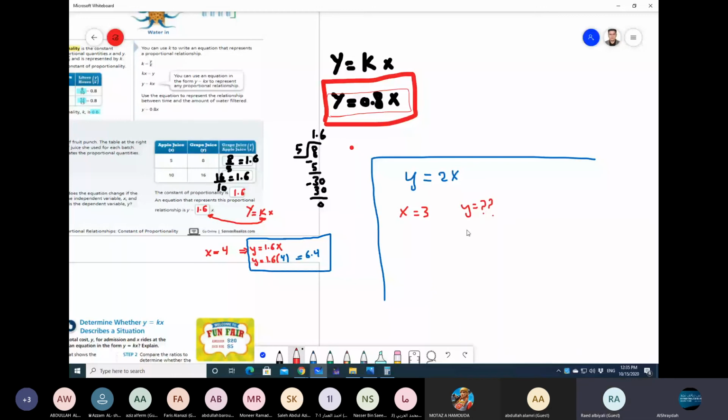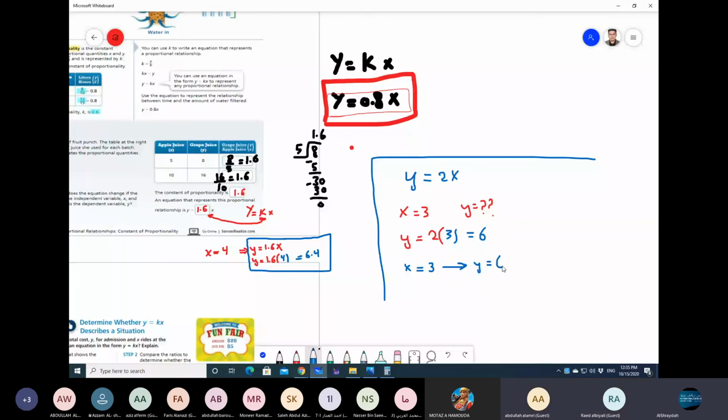Just substitute: y equals 2 times the value of x given, which is 3. So y equals 2 times 3, which is 6. When x equals 3, the value of y will equal 6. Just substitute.